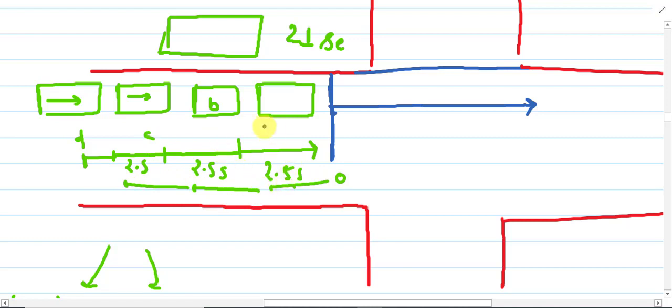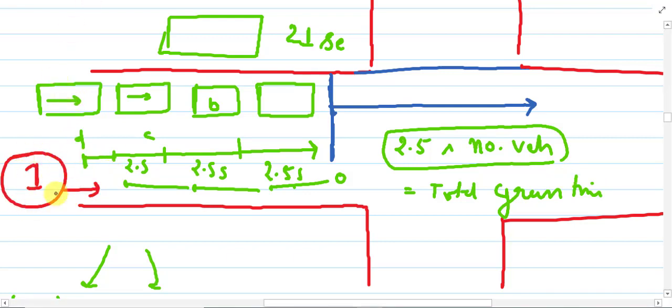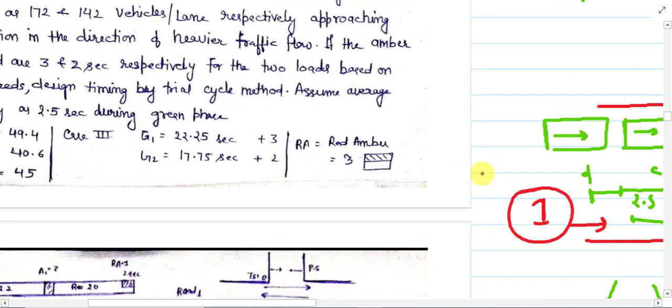So basically we are just multiplying our time headway with the number of vehicles, by which we will get our total green time for this leg 1, so that these 4 vehicles will cross this blue line, okay, along the blue line and cross this intersection. So this is the clarification of how the time headway is utilized with the number of counts.